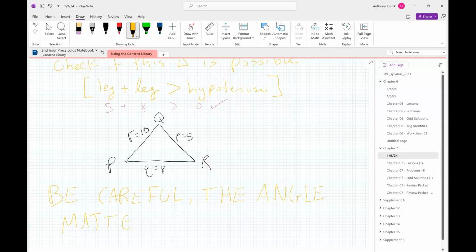It matters, again, which angle we start with. In the side-angle-side situation, we need to do the biggest angle first.